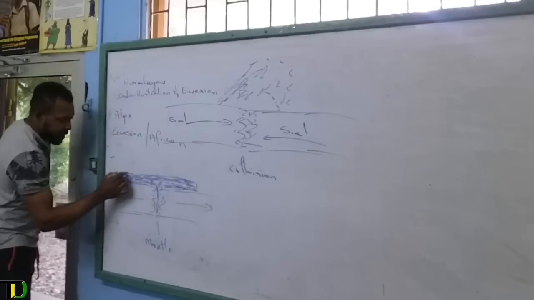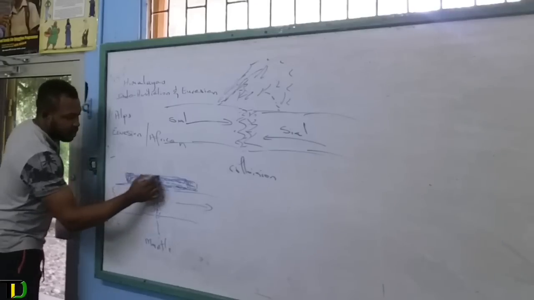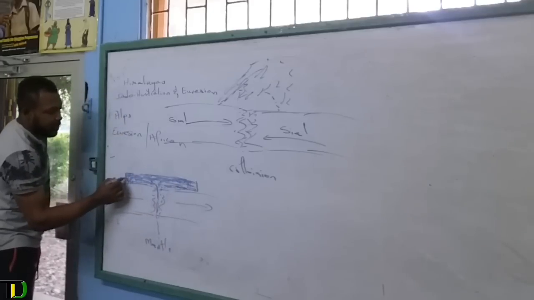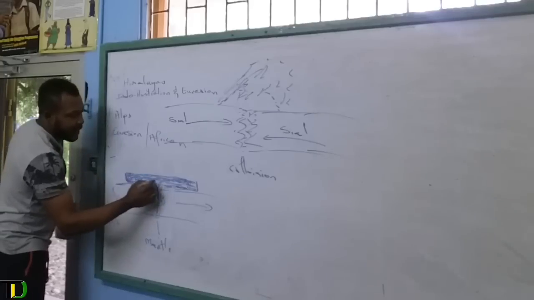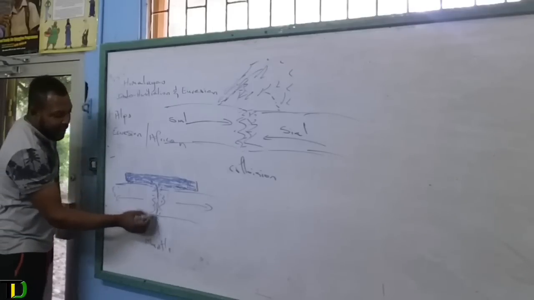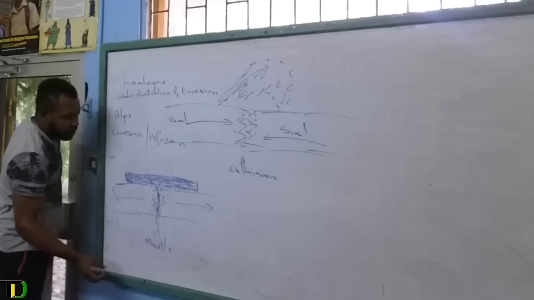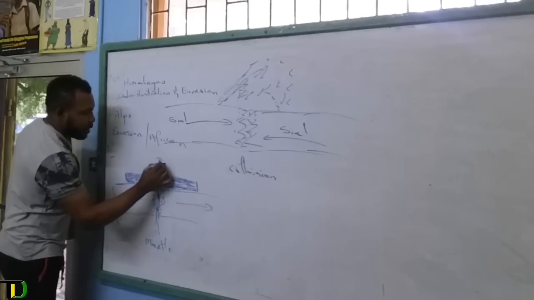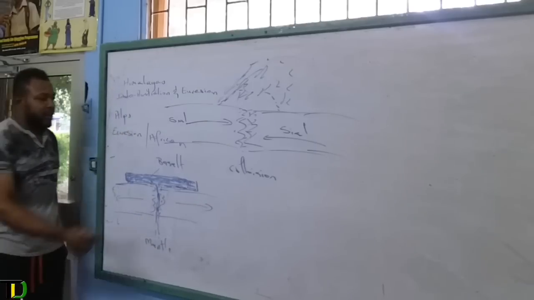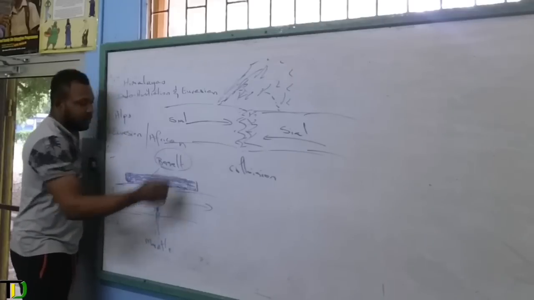It cools and hardens to give rise to an area of elevation with a flat top. But when in nature we have areas of elevation or highland with a flat top, we call it a plateau. But because this one was formed by lava coming to the surface, we call it a lava plateau. It is also called a basalt plateau, because remember the other name for basic lava is what kind of lava? Basaltic lava.